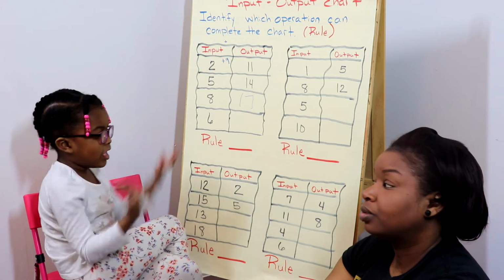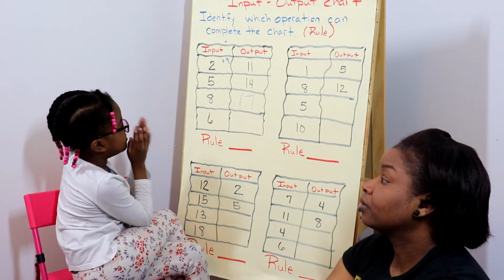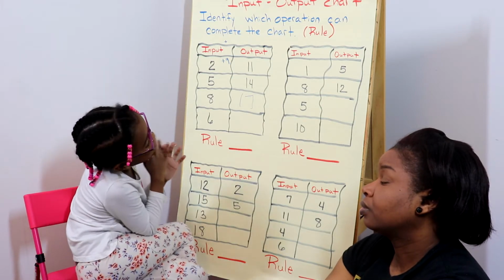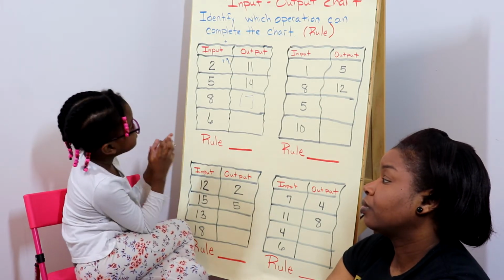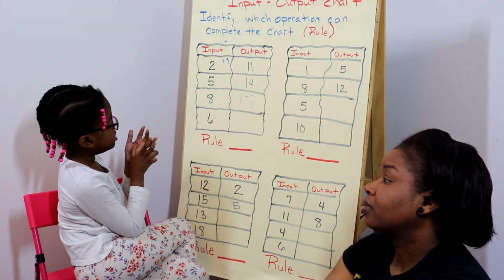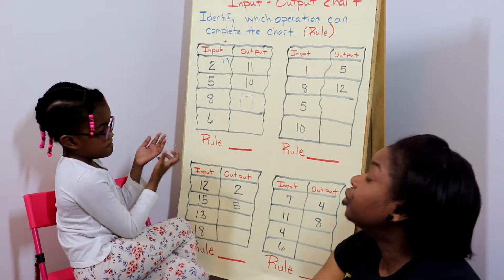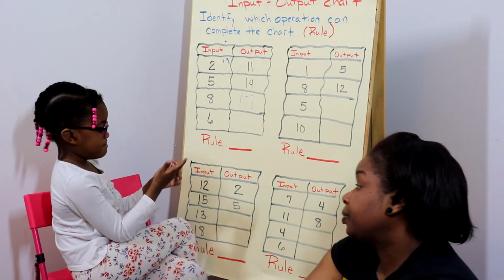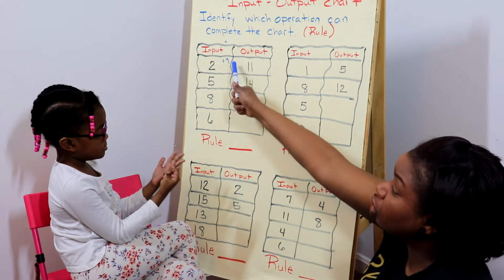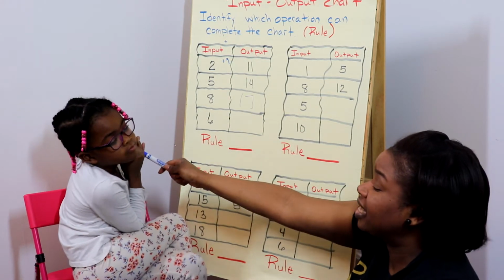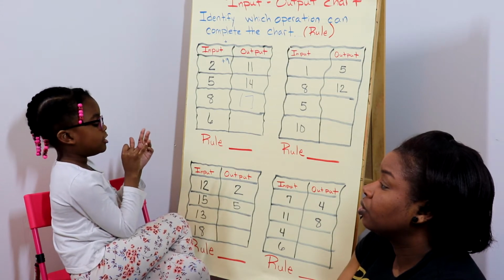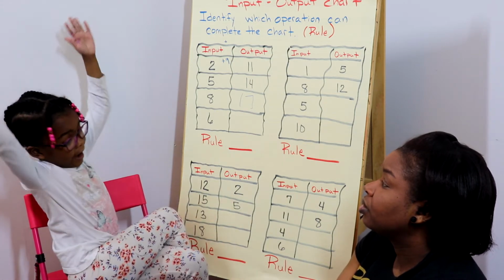10, 11, 12, 13, 14. Did you do the 6? Show me 6 fingers. Okay, so we're starting with 9 and we're going to add on 6. 10, 11, 12, 14, 15.